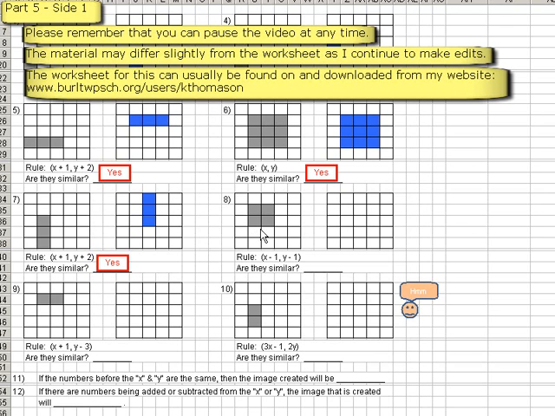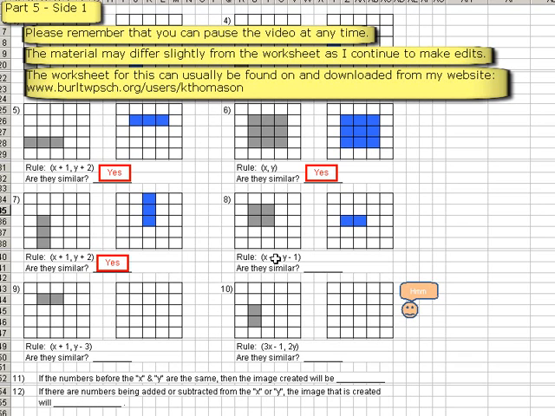Here, our original shape is 2 wide, and the number before the x is not there, so that's assumed to be a 1. So 2 times 1 would make the new shape, or the image, 2 wide. And notice again, I'm looking in the bottom left corner, so that's where I'm starting our new shape, or our image.